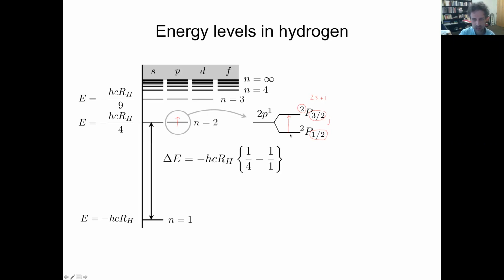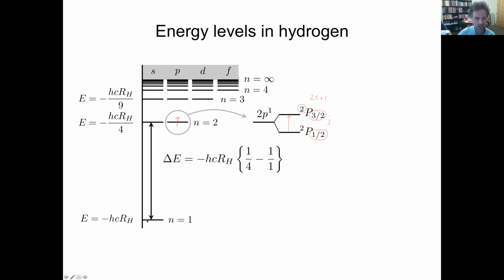And in order to do that, what we want to know is the energy difference. Now we're going to compare this energy difference with the energy difference between the so-called unsplit states, if you want, between n equals 1 and n equals 2.